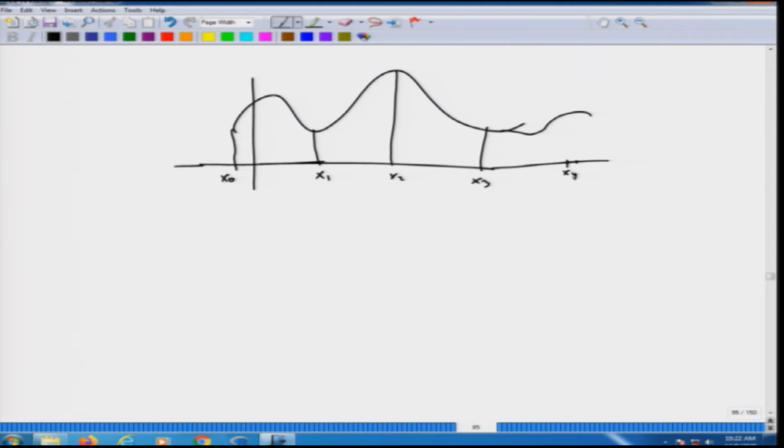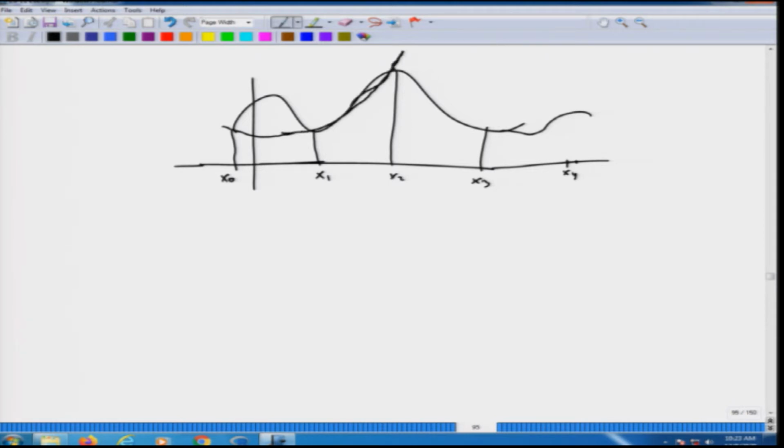Now, what we want to do is to have a parabola passing through x naught, x 1 and x 2. Let us say we have this parabola.